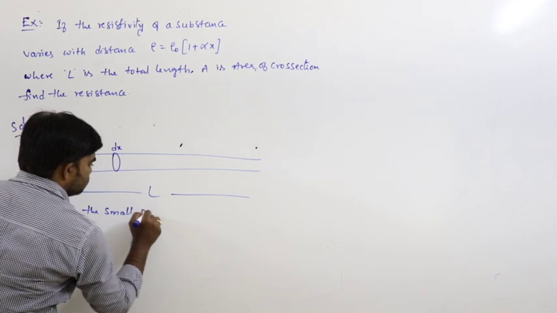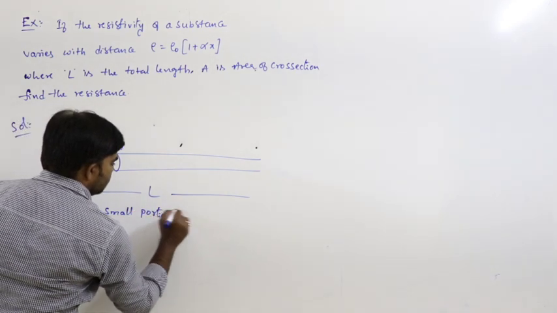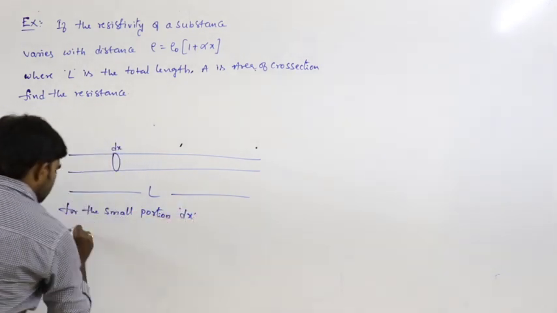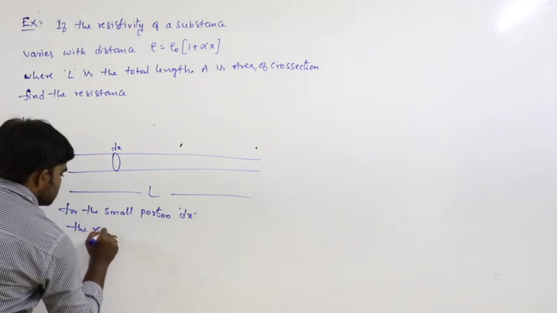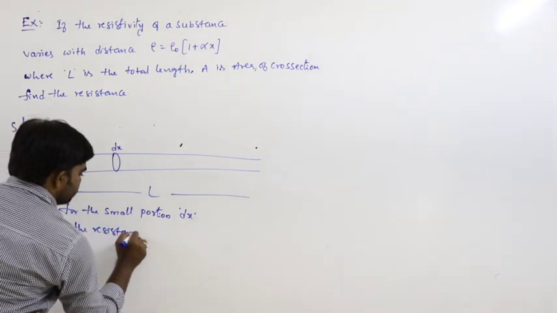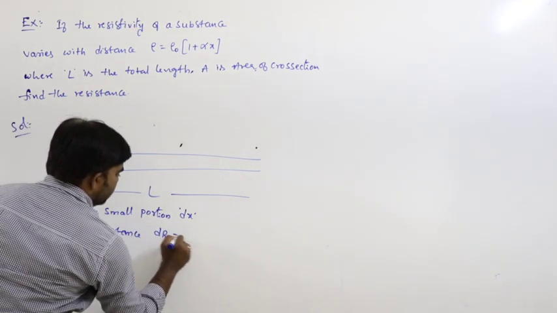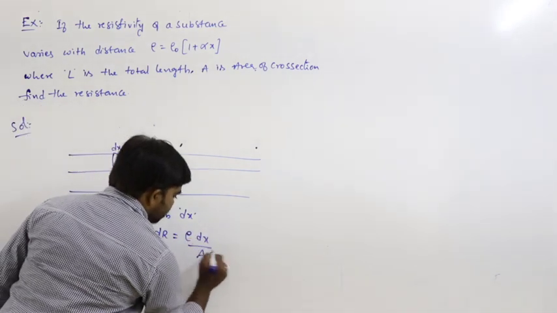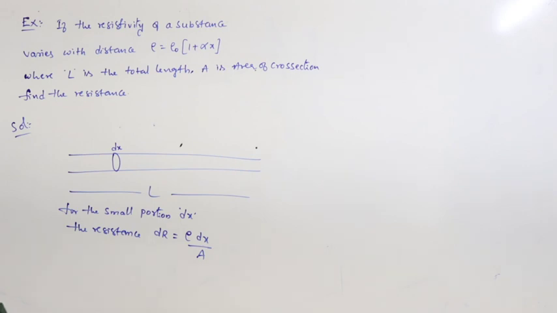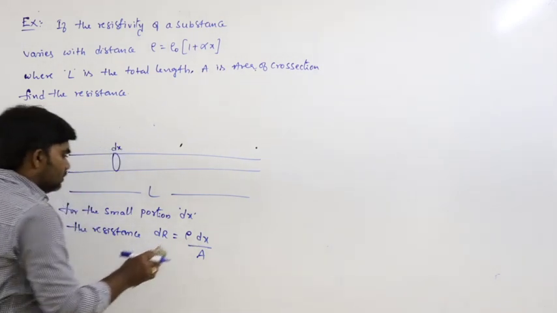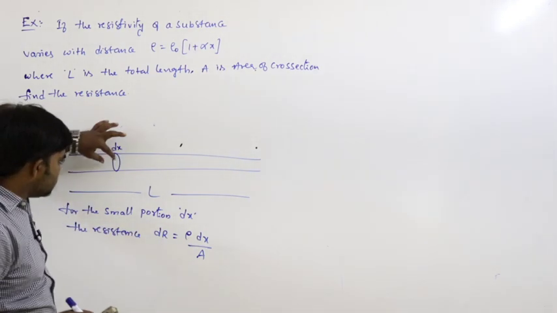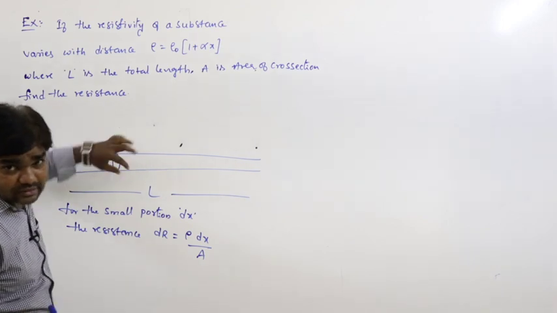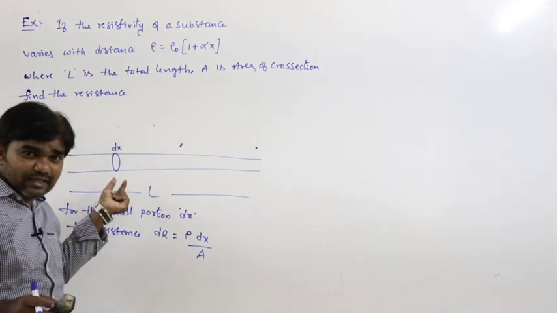So for the small portion dx, the resistance dR is equal to rho dx by A. Let us say I am considering the small portion of length dx.